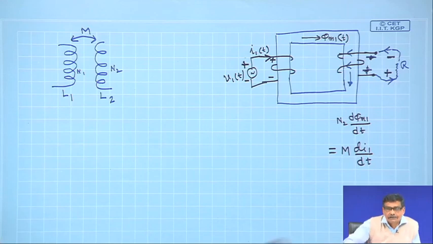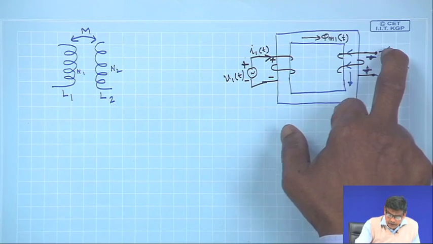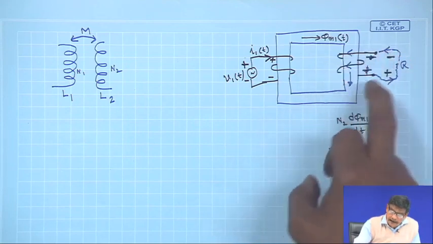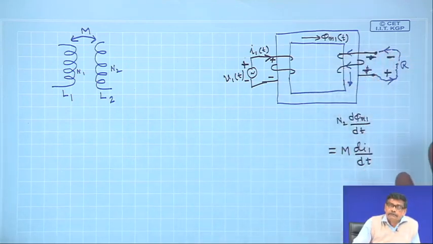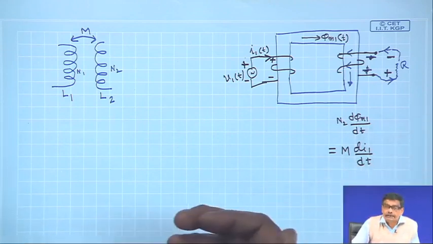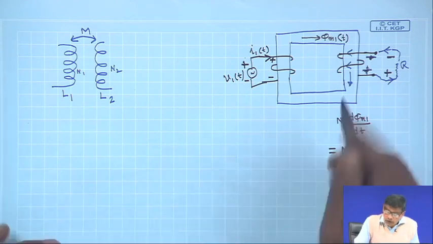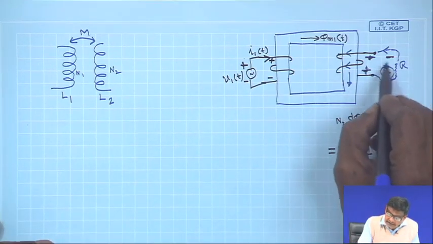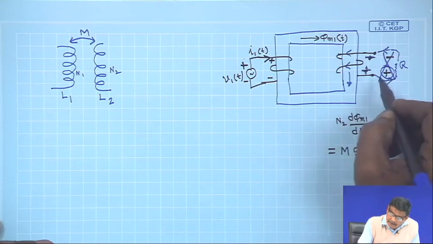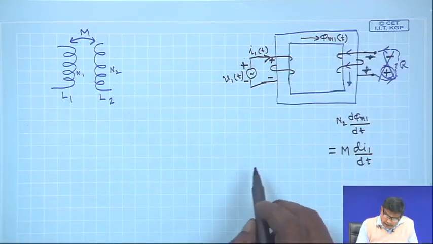To act means to pass some current. Okay. If this is the polarity assumed, then I find it cannot happen. In that case, flux will simply get strengthened, defying Faraday's law. So, this cannot be, this is plus, this is minus. Let us try the other one.